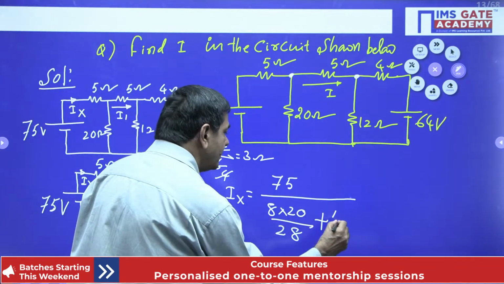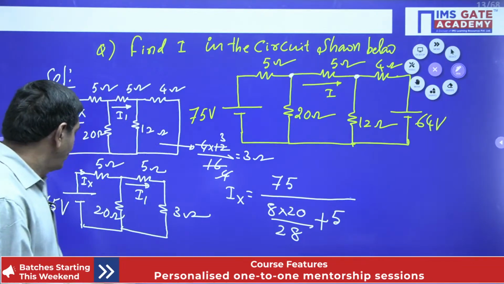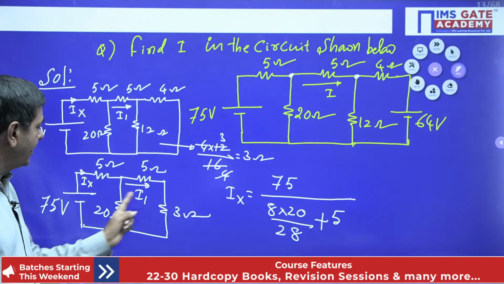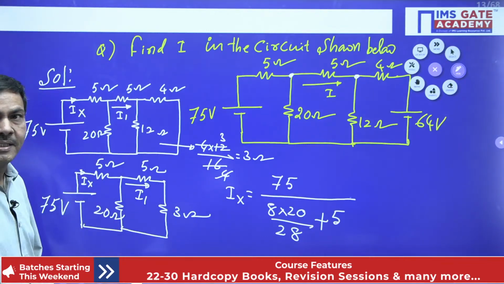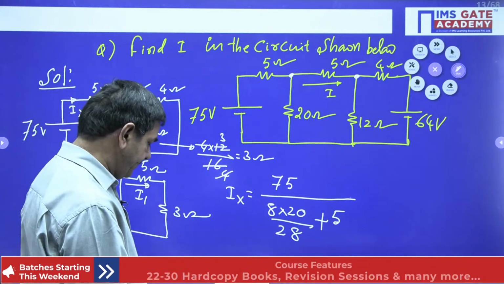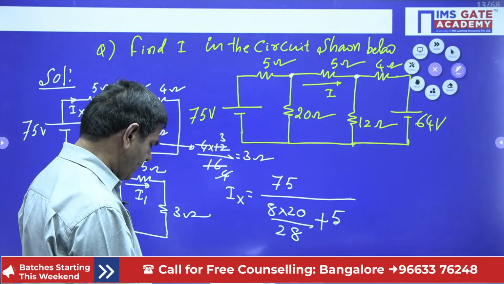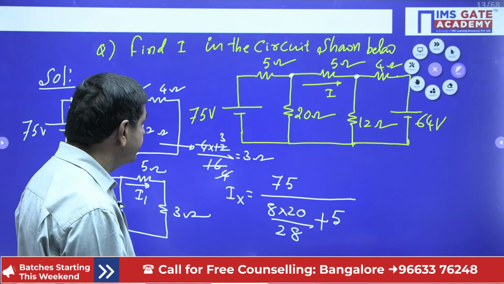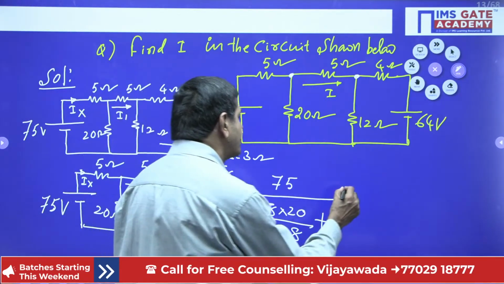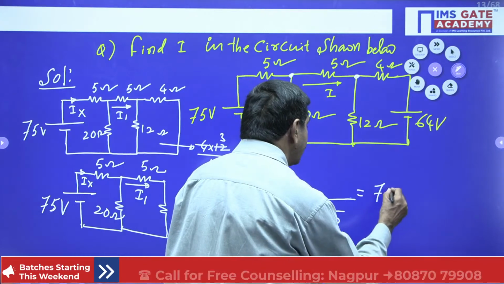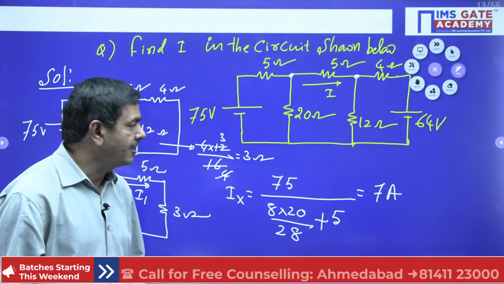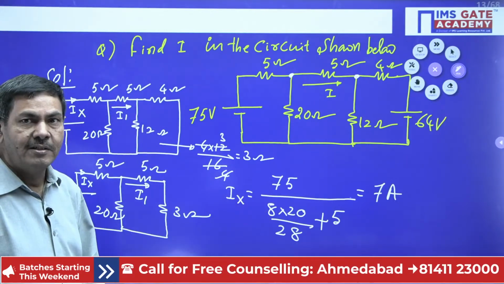This is voltage by total resistance. If you are using the calculator, it comes as 7 amperes. On simplification, it comes as 7 amperes.